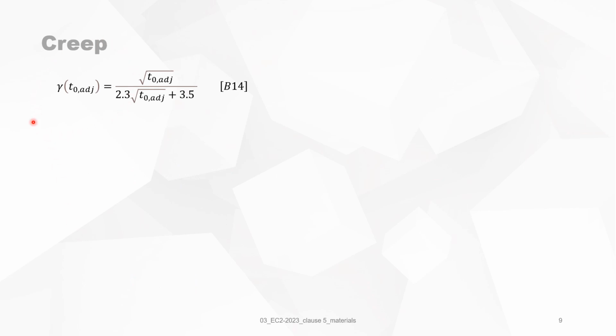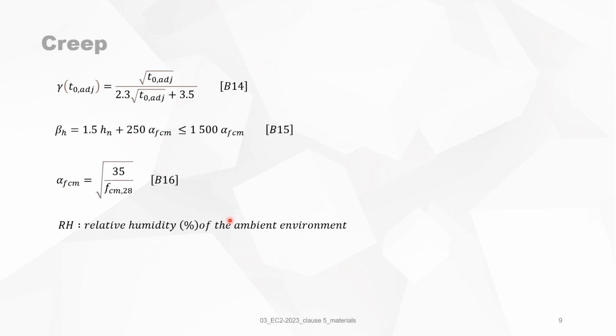The factor gamma T0 adjusted is equal to this formula B14. BH is equal to this, and alpha FCM is this formula.